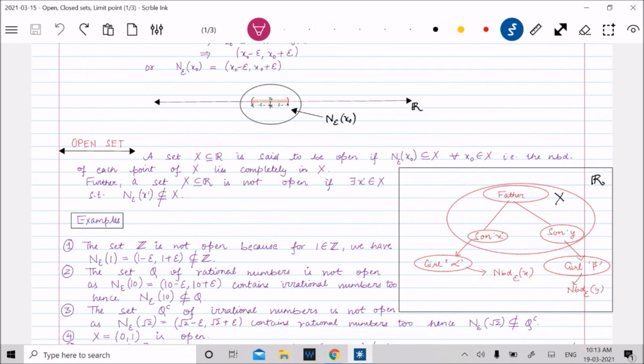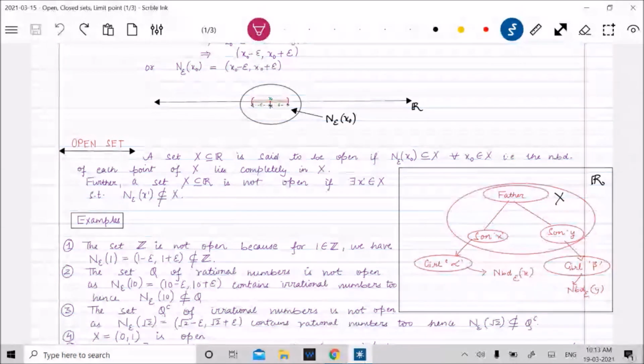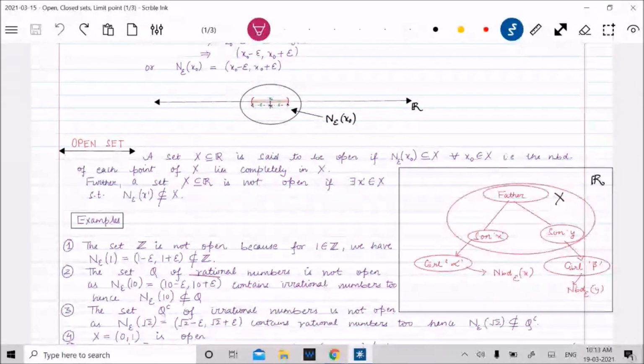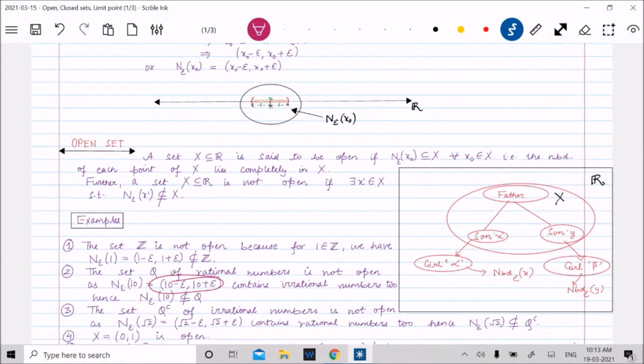Nobody can pick an interval from the real axis containing only rational numbers or containing only irrational numbers. If you pick any interval, then it will have rationals as well as irrationals, right? So there is no chance that this interval will be a subset of the set of rational numbers, because it has irrational numbers also.